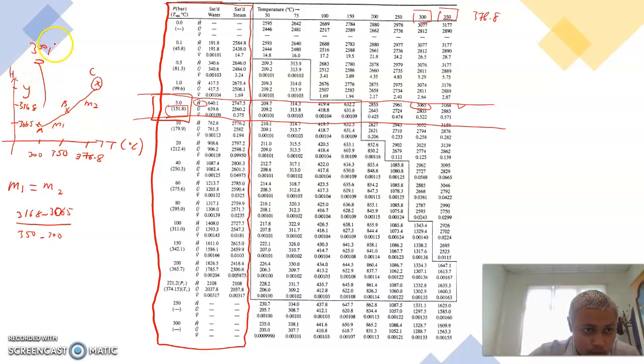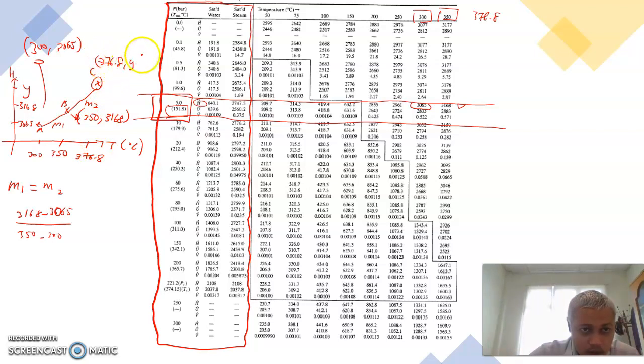If we plot that, we write the coordinate 300, 3065, right? B we have 350 as x, then the value of y is 3168. Then here we need to find y, where x is 376.8.